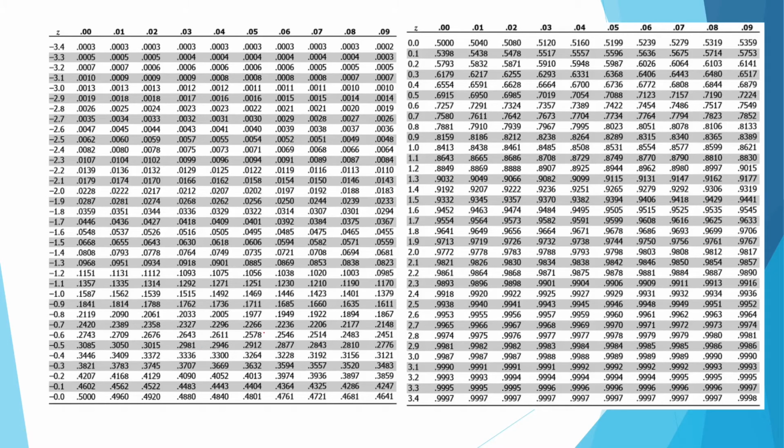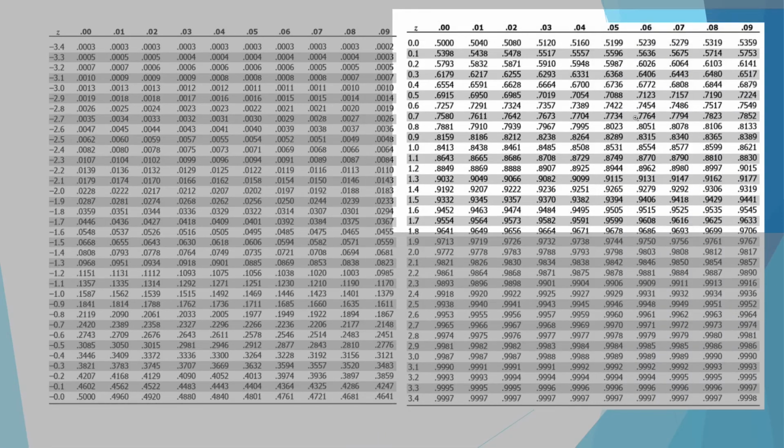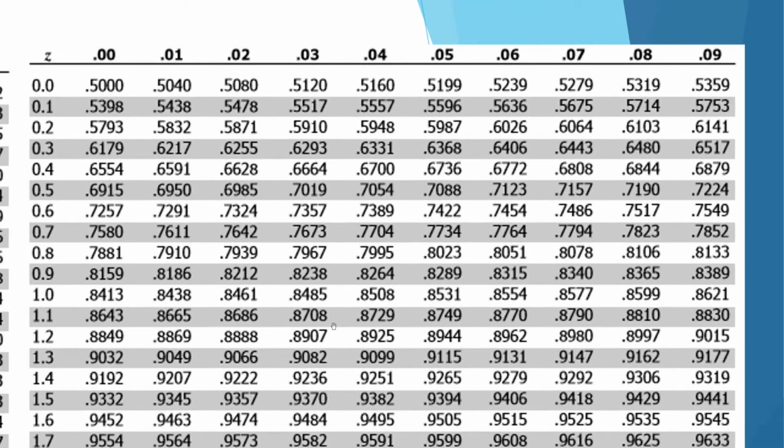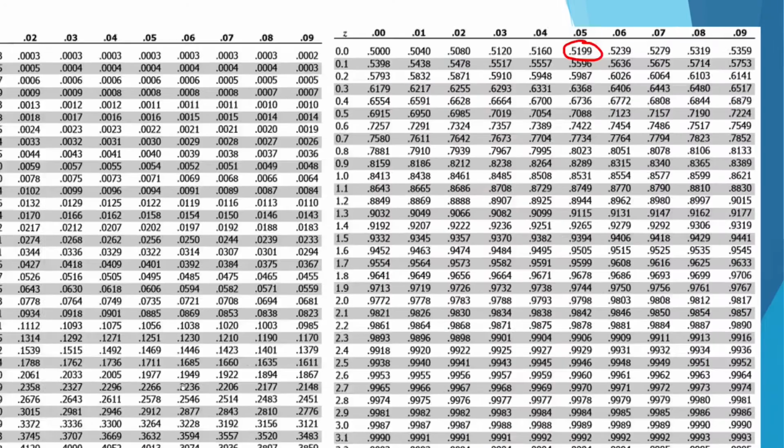We're looking for the area that's the closest to 0.52. And if you look carefully, the closest one is 0.5199. And this corresponds to a z-score.